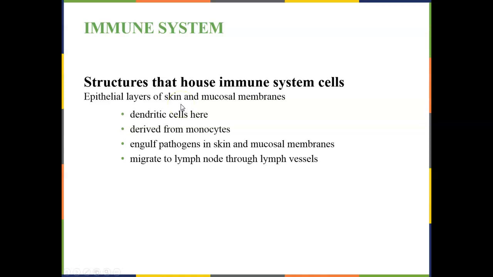So in the epithelial tissue, we have dendritic cells. Dendritic cells are derived from our macrophages or our monocytes. So they're basically epithelial macrophages. And then they engulf pathogens and they can send signals. They can also move through into our blood if we need to.